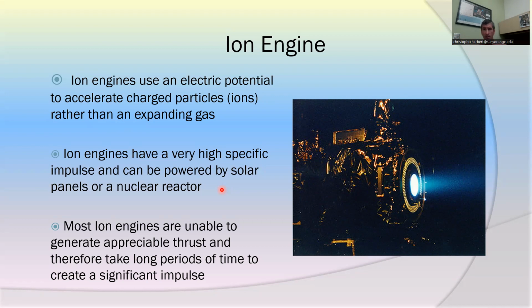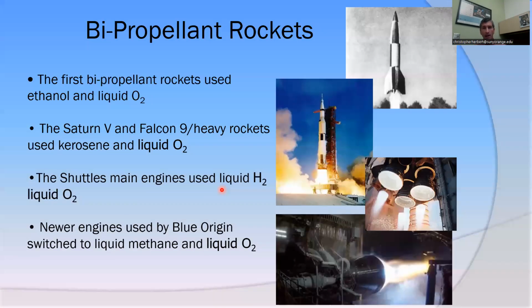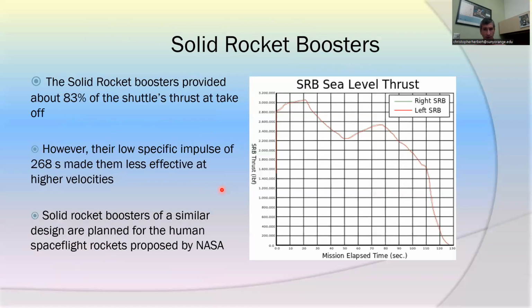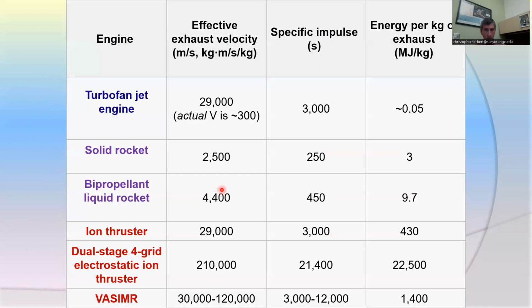unlike chemical rockets, which you only burn for a few minutes, you can keep this on for months. You can keep this on for years and just get a larger and larger orbit and get to our final destination much more efficiently. And again, going back to this chart right here, notice how much greater the specific impulse is for an ion engine compared to, say, a solid rocket or bipropellant rocket.